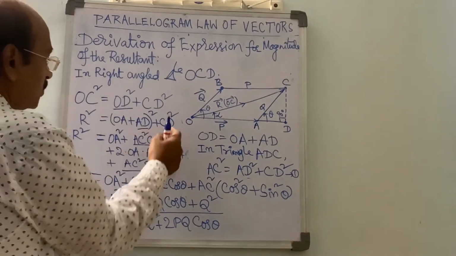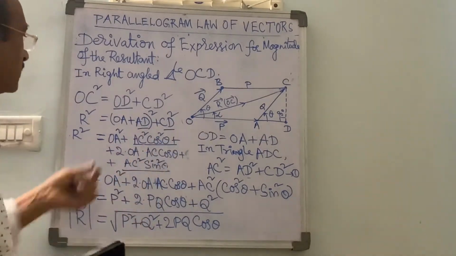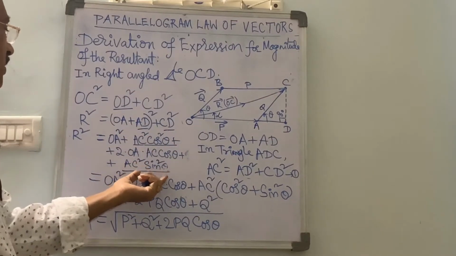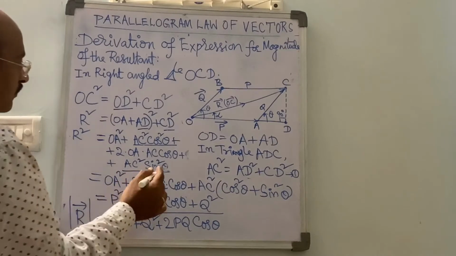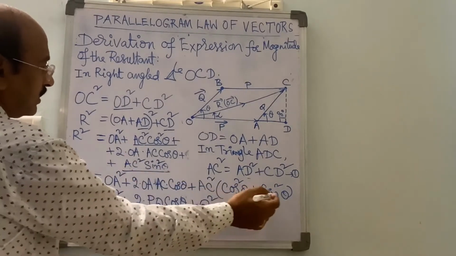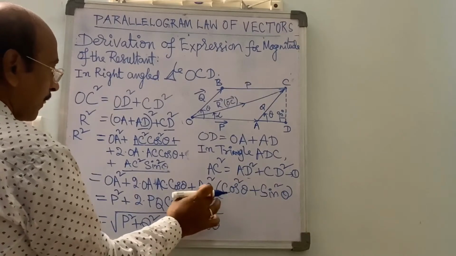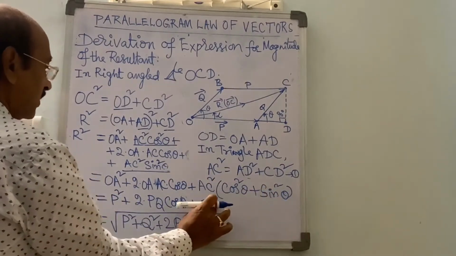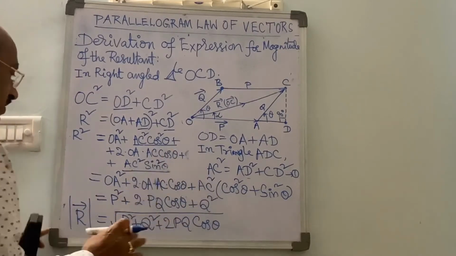So by substituting those values in these parts, we rewrite the equation like this, and by taking the AC square common in these two, we write this one. So AC square is q square, this is 1, so here 1 into q square.